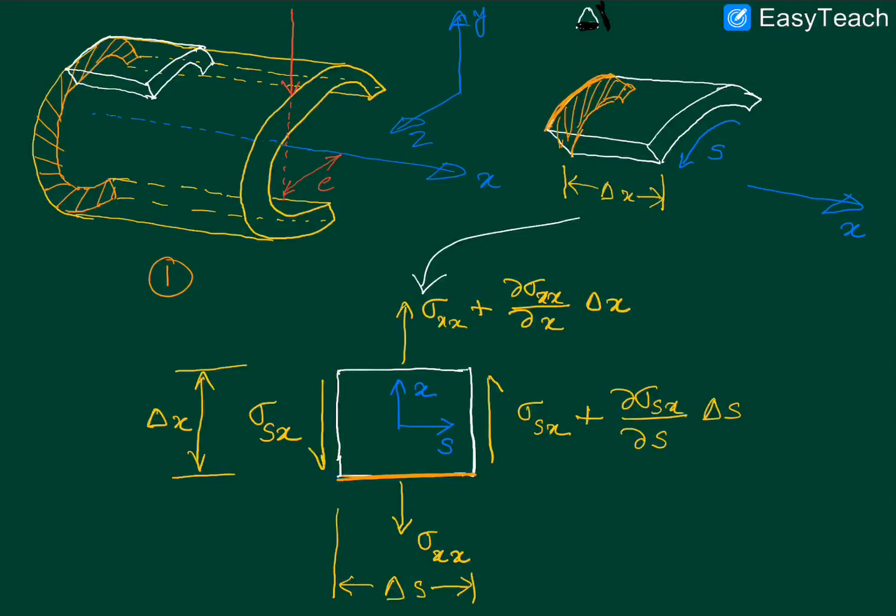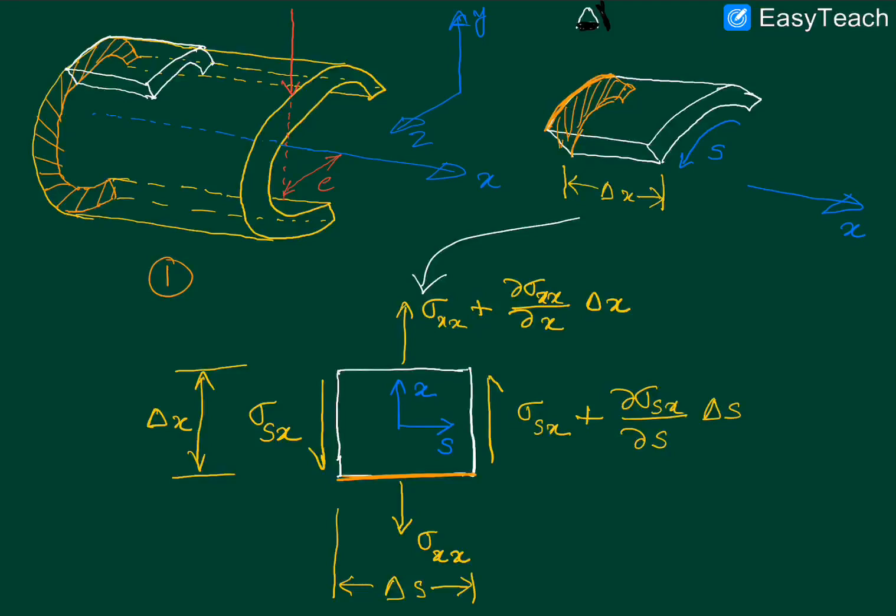So please note what is the underlying idea here. Why are we doing all this? We are doing all this because our ultimate aim is to find out an expression for sigma sx. We can do that if we can express somehow the sigma sx in terms of the sigma xx, because in our previous lectures we have already developed expressions for sigma xx under a general case of unsymmetrical bending.